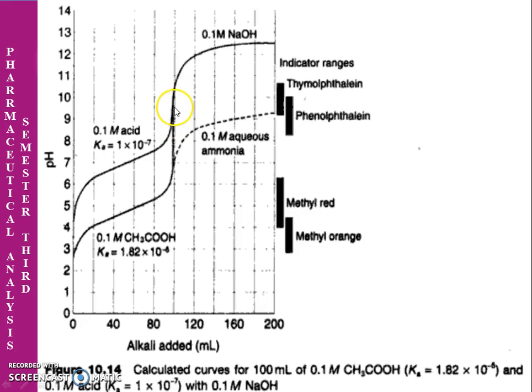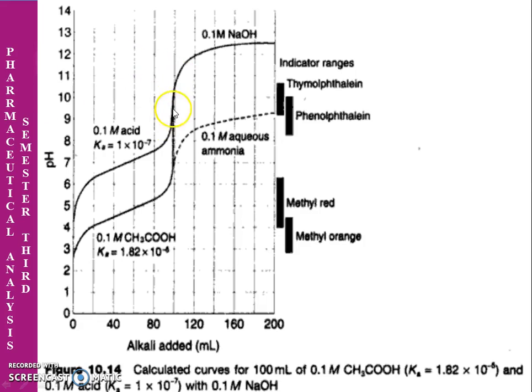An indicator system which shows a physical or color change at basic pH can be used, whereas it was not the case in strong acid and strong base titrations. There, all three indicator systems, responding at acidic, neutral and basic pH across the entire pH range, could be chosen for titration.